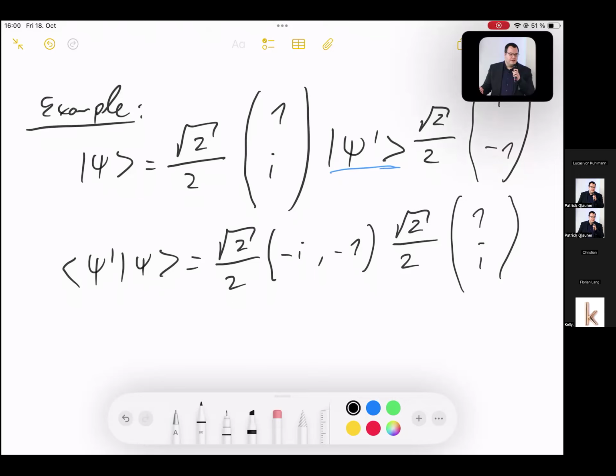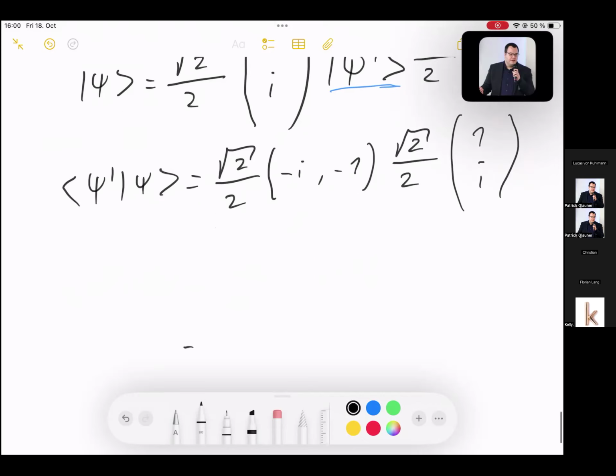If you have done this preliminary step and got the right answer, this will be minus I.